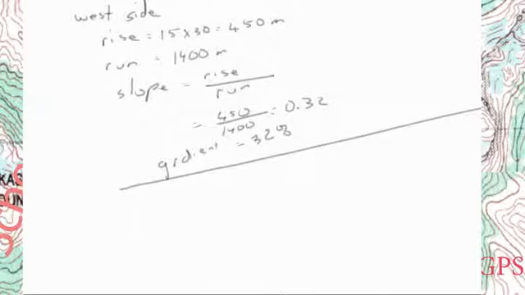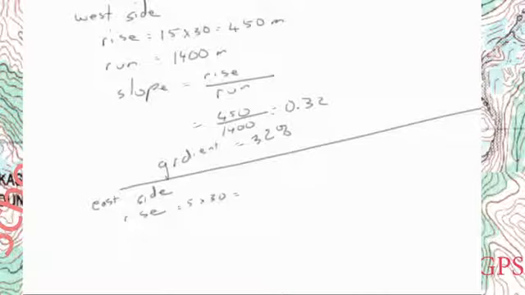Okay, let's consider the east side now. The rise on the east side, if I remember correctly, was 5 contours. So it's 5 times 30. Calculator.